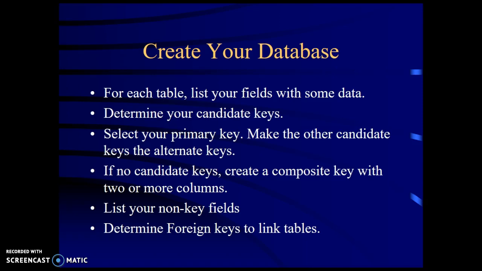Once you select the primary key, the other candidate keys then become your alternate keys. If you have no candidate keys, then you don't have a primary key per se as a single field. You have to create a composite concatenate field by combining two or more columns. And then any field that is not either a primary key or your composite concatenate key becomes your non-key fields.